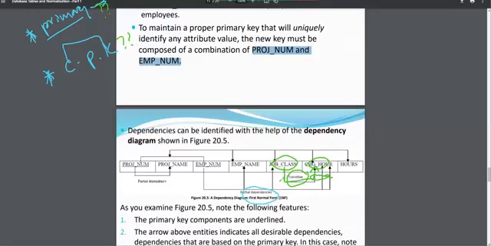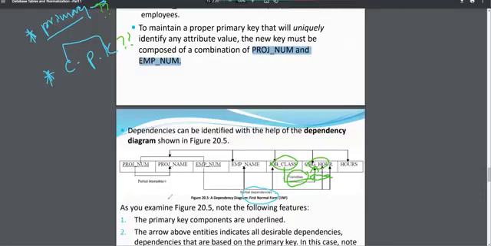So now we know two main important things: partial dependencies and transitive dependencies. You should understand why we call them that.